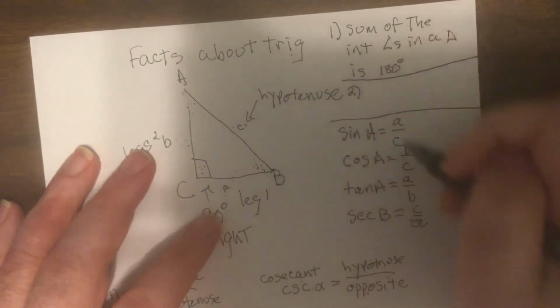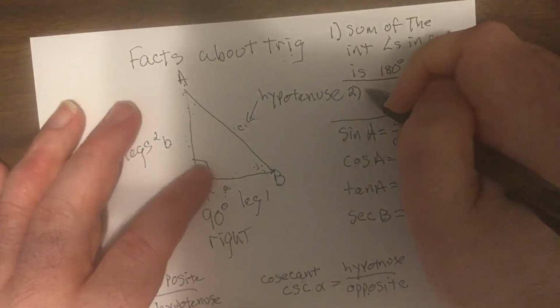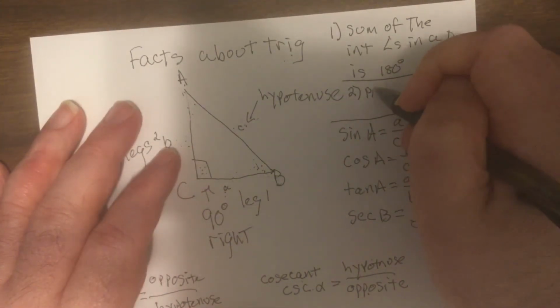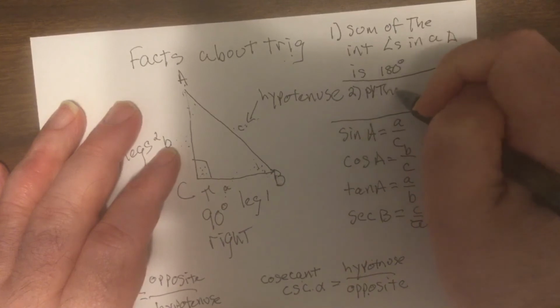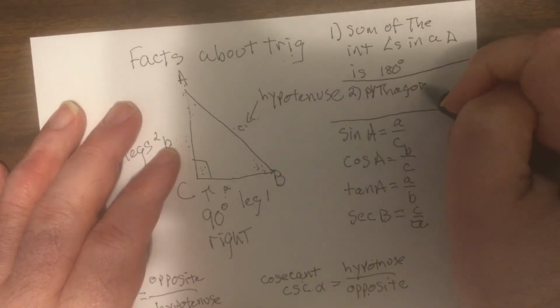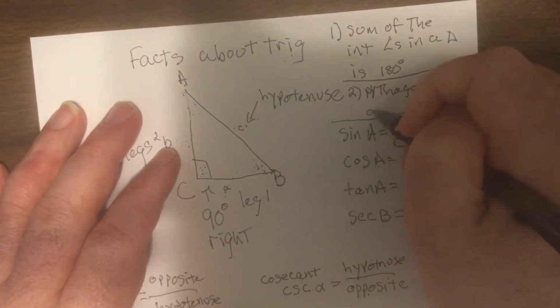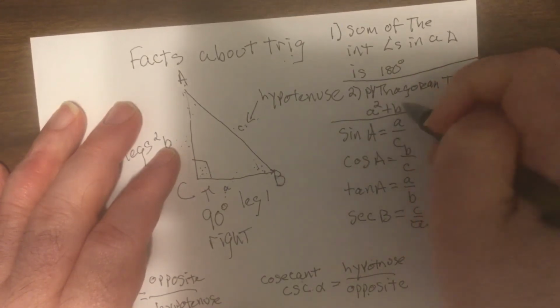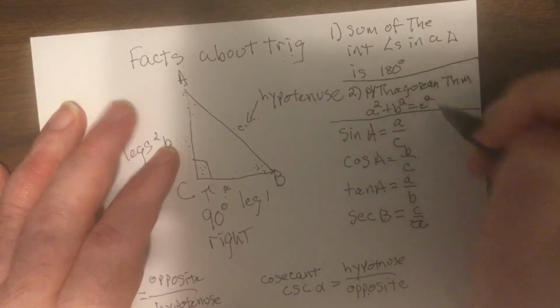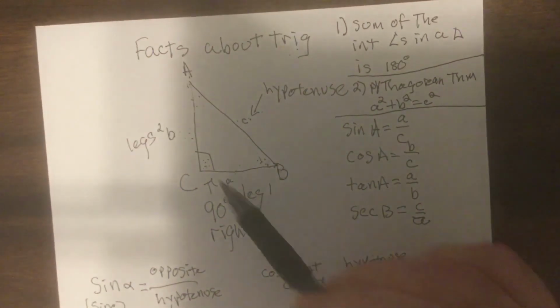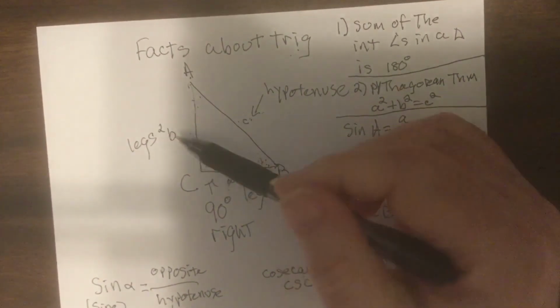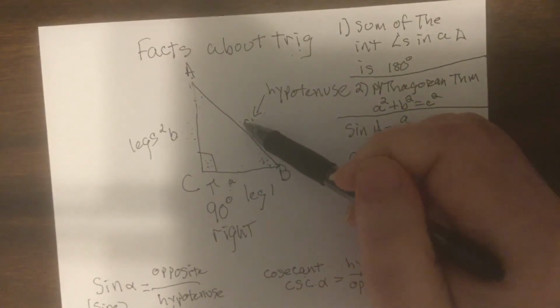2, we've already done, and that's the Pythagorean Theorem, which is a squared plus b squared equals c squared. So if I have a right triangle and I know 2 of the sides, I can always find the 3rd.